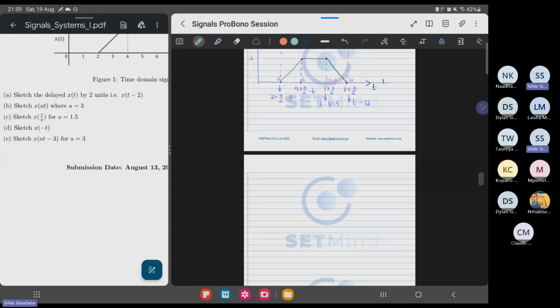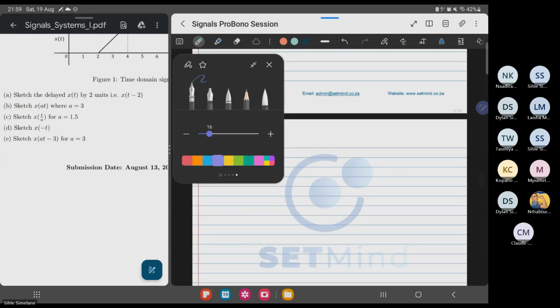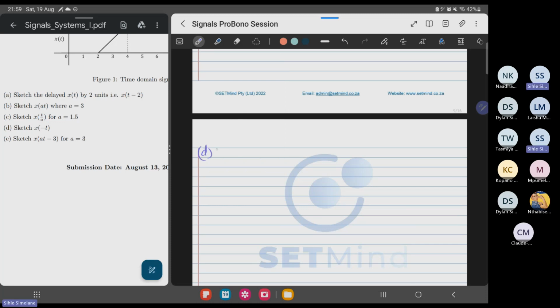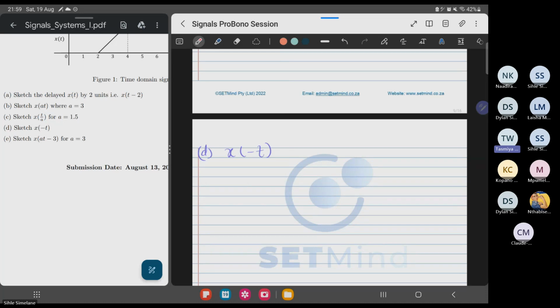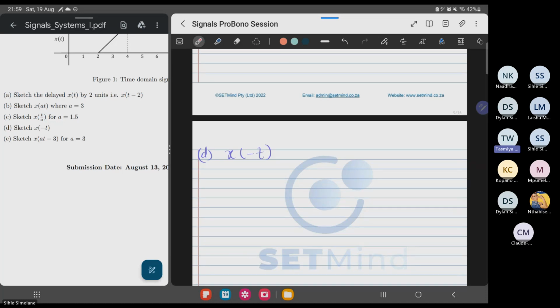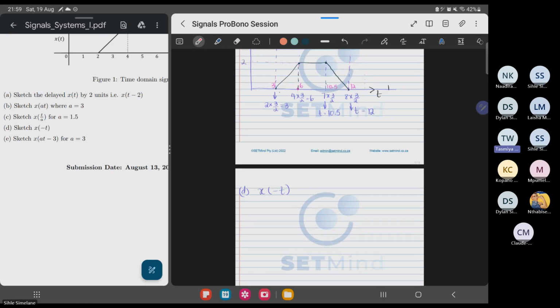So D, if you look carefully, what they did there is time reversal. So for D, they are saying we should sketch x of negative t. For B, did you compress the signal, and for C, did you expand the signal? Was B a compressed signal and C an expansion signal? Yes, that's what is going on.